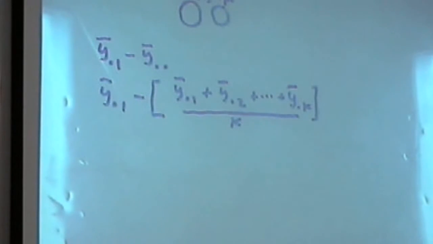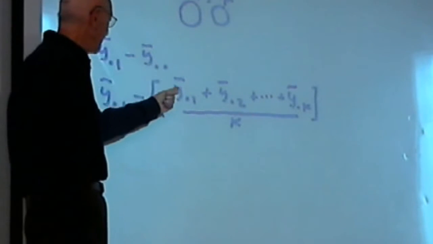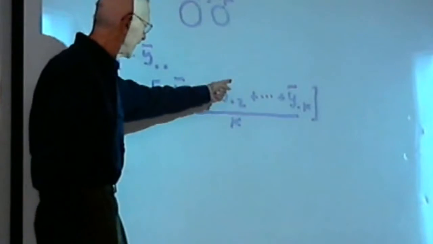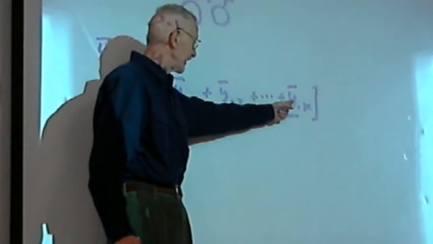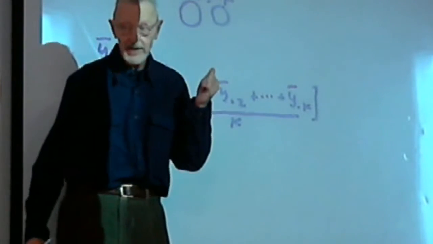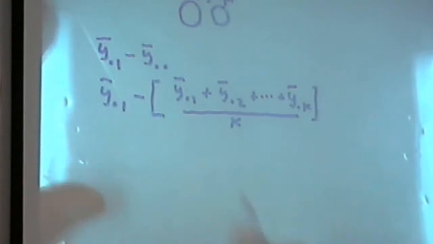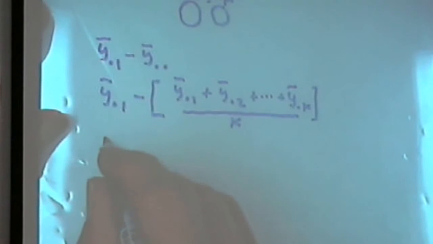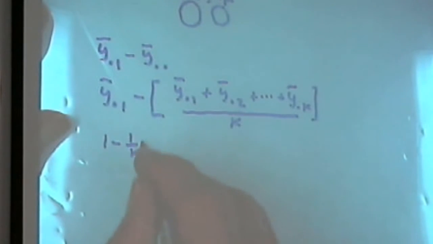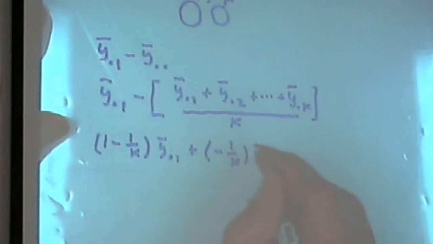So what I've done there is take this average of all the data and write it in terms of components: the average of the first column plus the average of the second column, etc., up to the average of the last column, divided by the number of terms in that sum. So this is an alternate way to write the overall average of all the data. Now, the first two pieces combined together give 1 minus 1 over k times y bar dot 1. And then for all the other ones, I have coefficients of minus 1 over k.